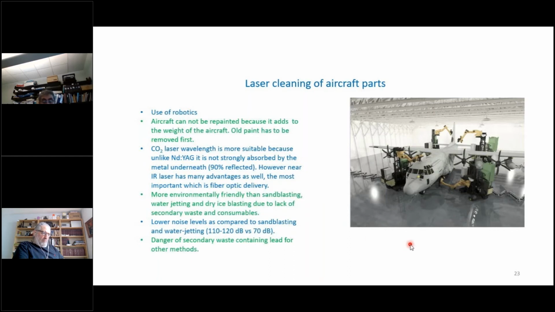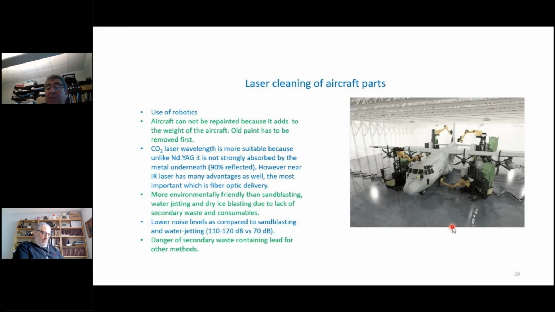So one question is, why do you need to remove the paint from the aircraft? Because if you put additional layers of paint, the new paint on old paint, first of all, the quality won't be so good, and secondly, it will add to the weight of this aircraft. So for this reason, you need to remove the existing paint and then put a new layer on.